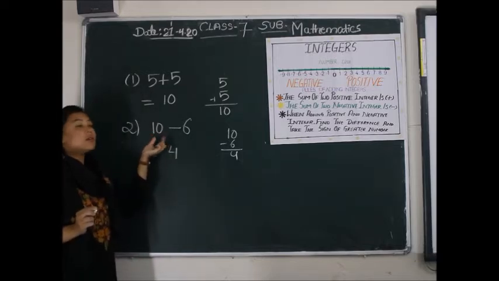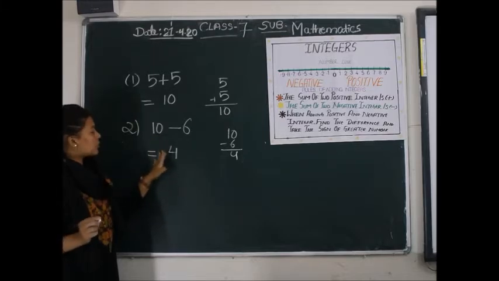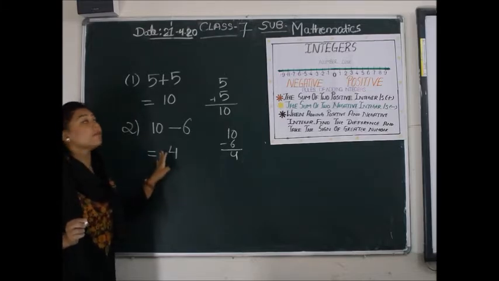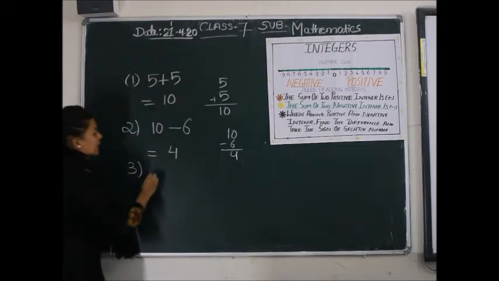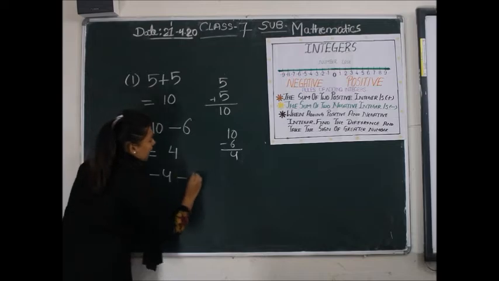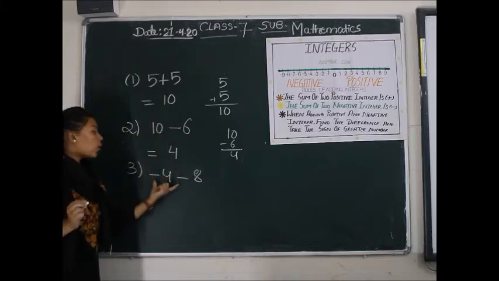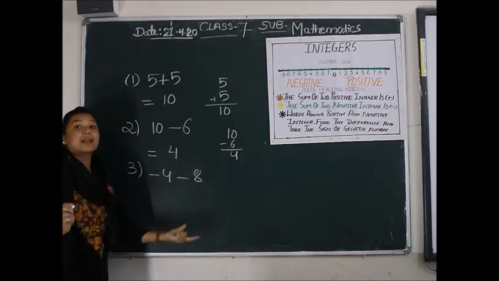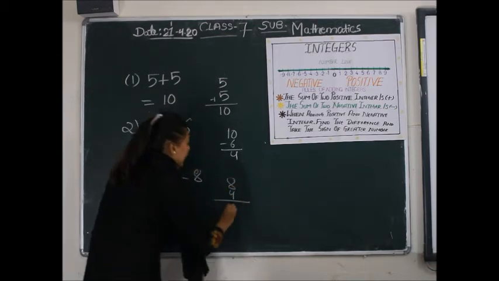So which one is greater, 10 or 6? So we can see 10 is greater. So no need to put a sign here. It means that this is a positive number. Now out here again, when both the signs are same, minus 4 minus 8. Now what did I say at first? When both the signs are same, we need to add the numbers. So please add 8 and 4. We will get 12.